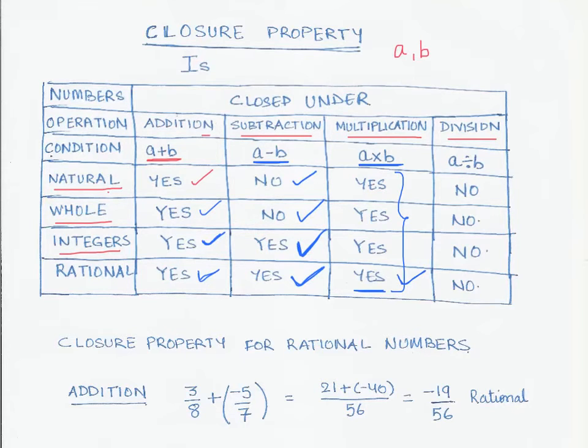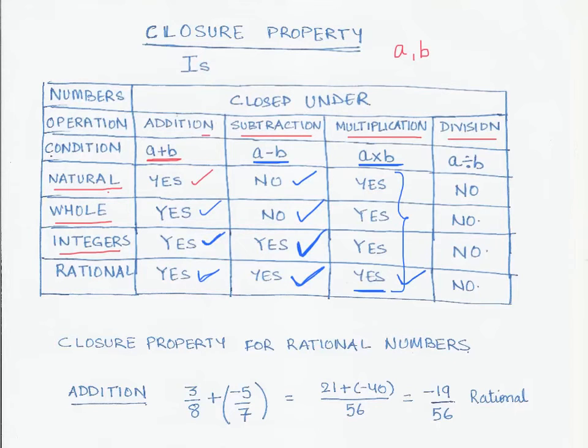Now let us look at division, and you can see that the division column has all no's. We just take any two numbers of the same type. Let's say we take any two natural numbers, divide them, and see whether the result of the division is a natural number or not.